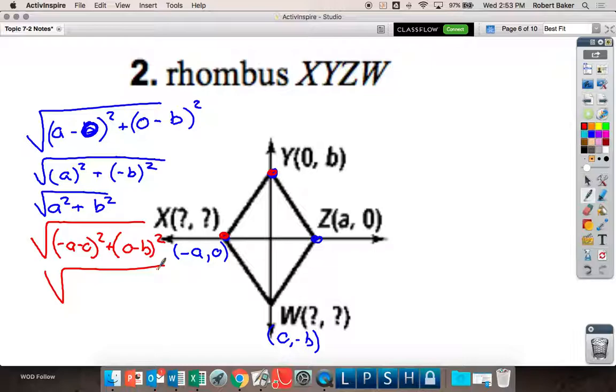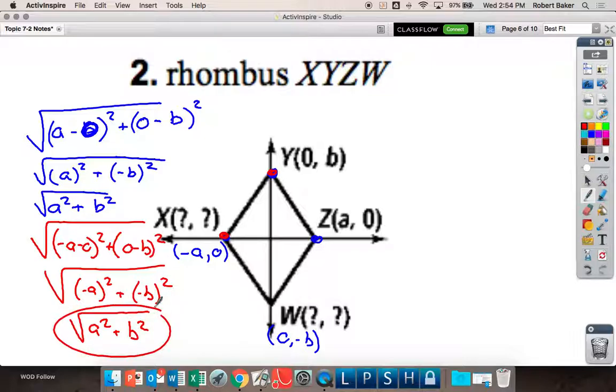Negative a minus 0 is negative a. 0 minus b is negative b. Negative a squared is a squared. Negative b squared is b squared. Do they have the same distance? Yes. They were completely random variables, but they have the exact same arithmetic distance.